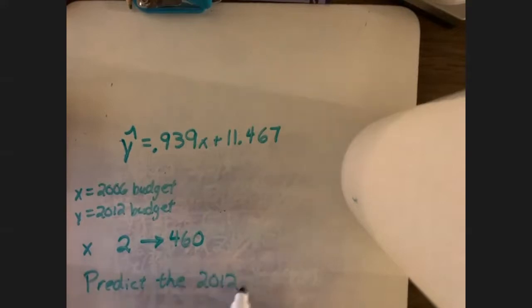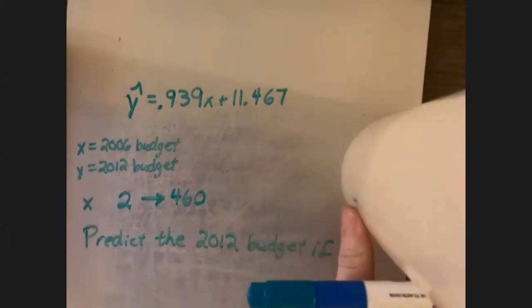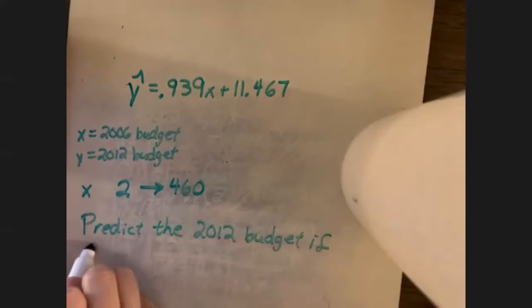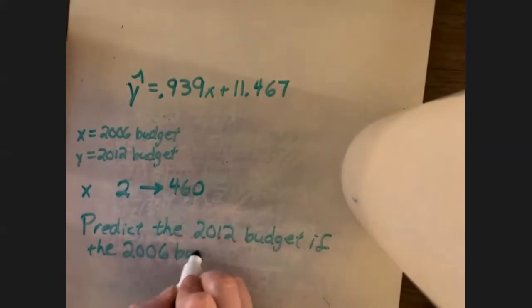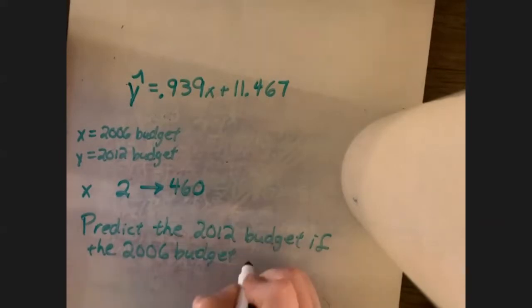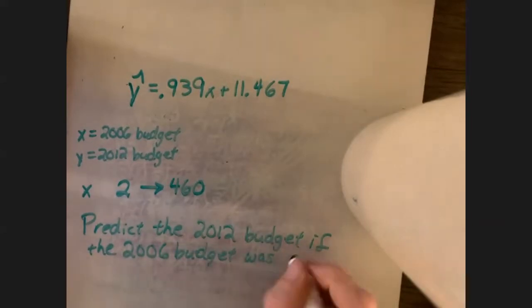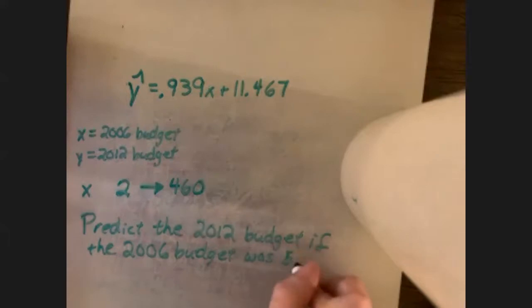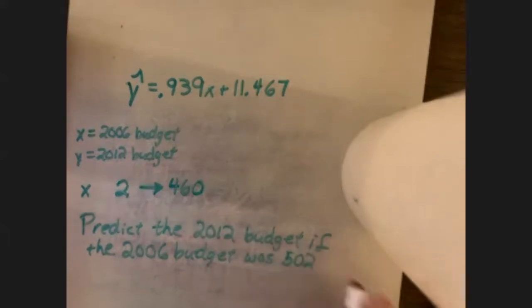So I can do something like predict the 2012 budget if the 2006 budget was 502 million. Okay.